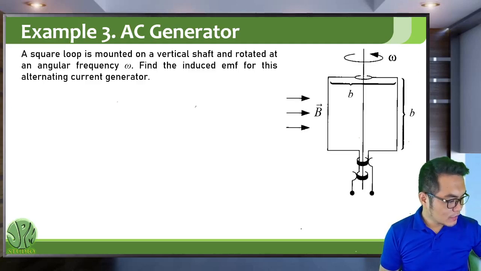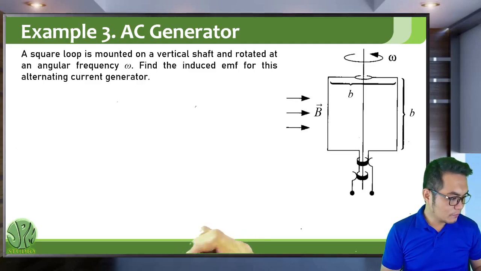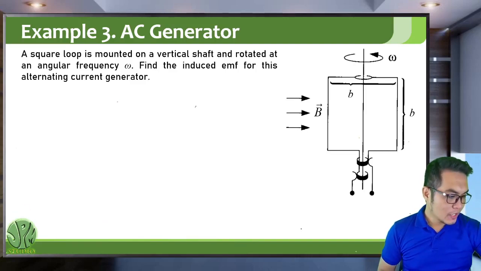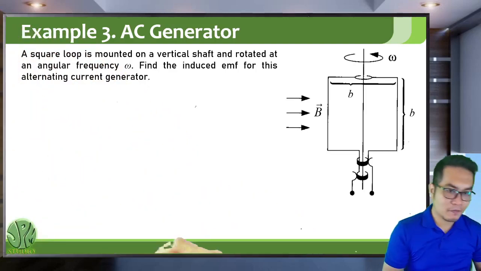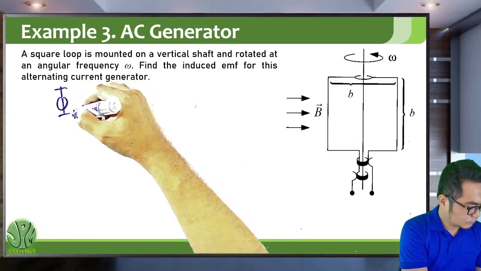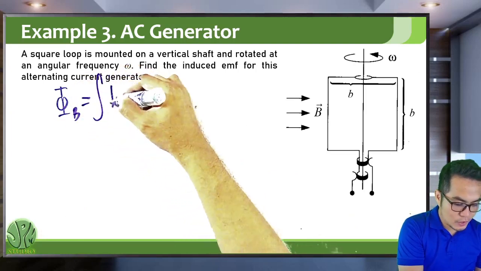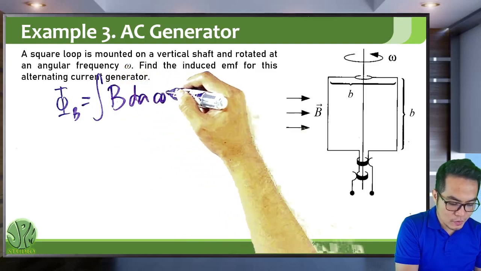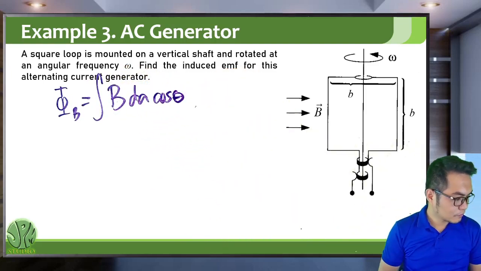So in this case, we first solve for the magnetic flux on the loop. So we'll use the non-vector form BA cosine theta.